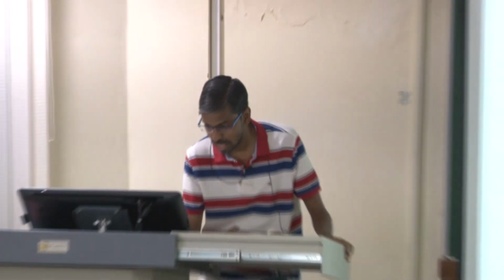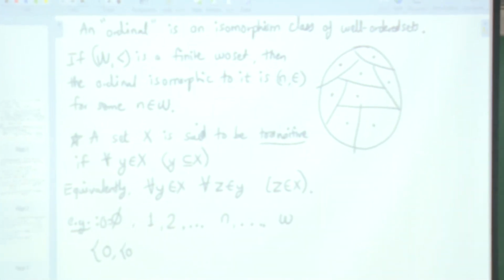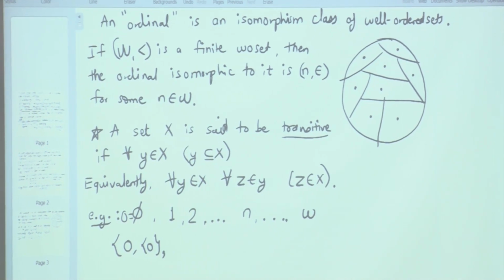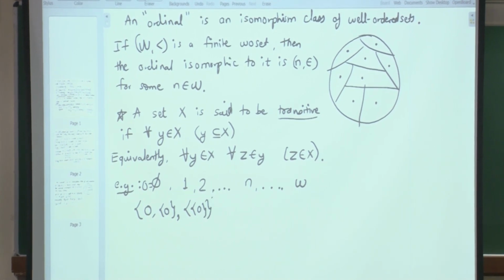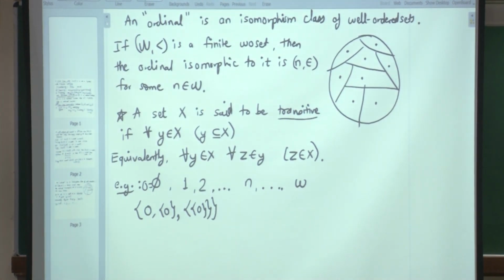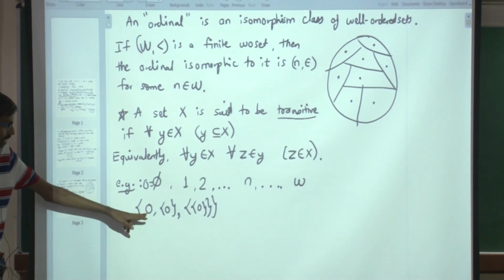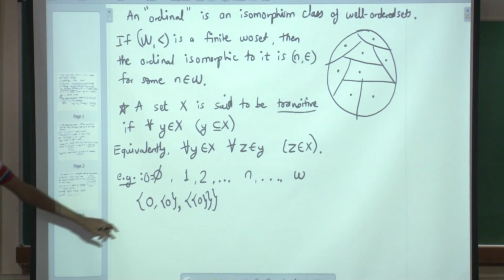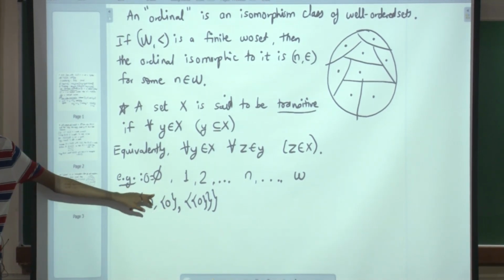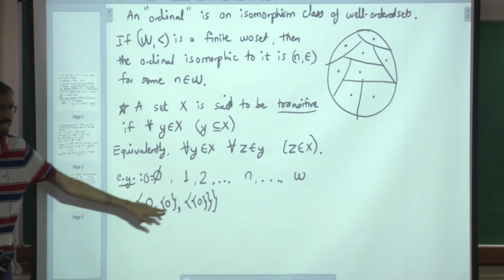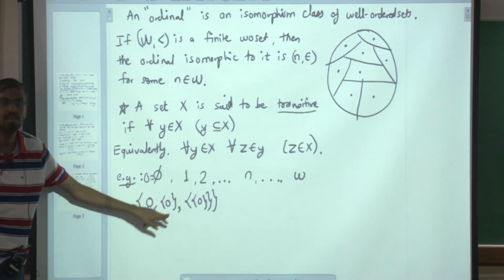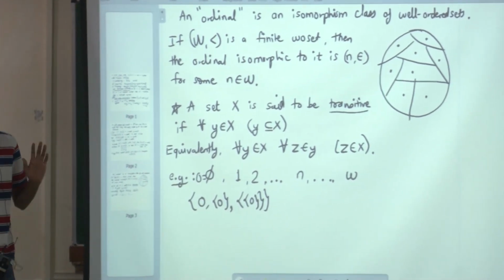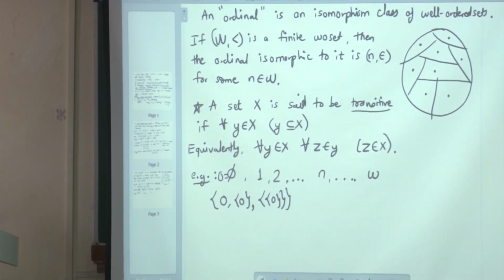For example, consider this: the set containing 0 and singleton 0, which is 1, and singleton 0. Now observe this. This is transitive because it contains all elements of this. It contains all elements of this also, because one element is here and then its element is this. So this is also transitive. So all of them are transitive sets.